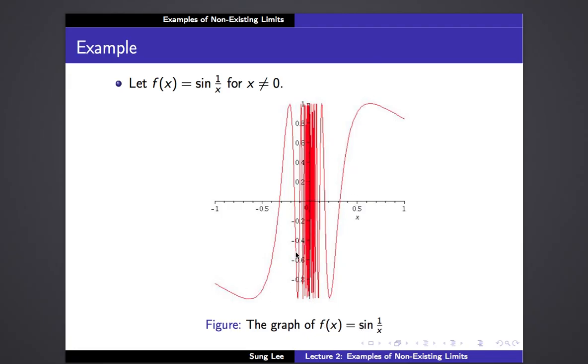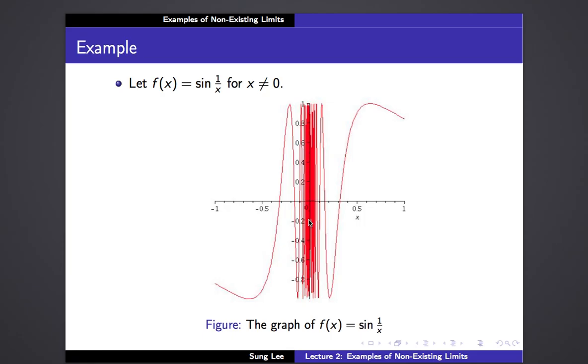You see that as x approaches 0 from the left side or right side, the graph keeps oscillating around 0, okay?